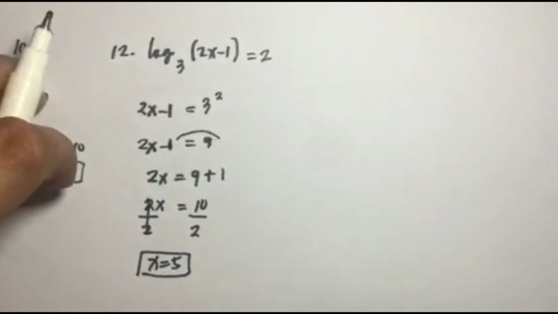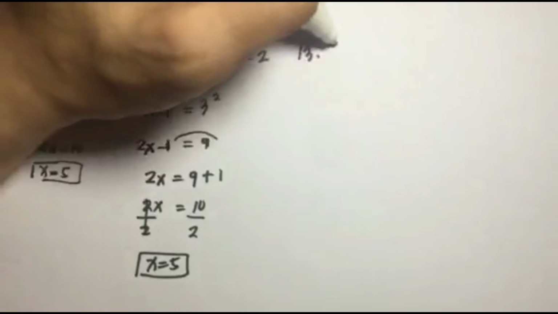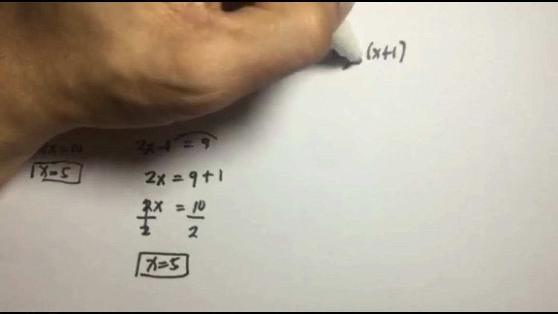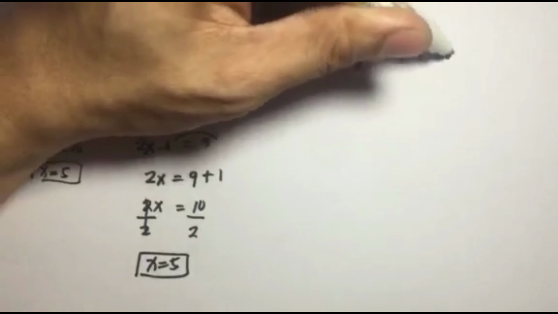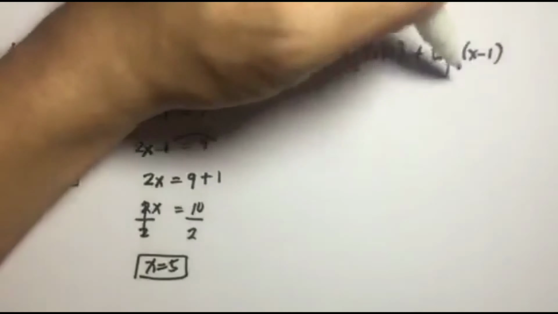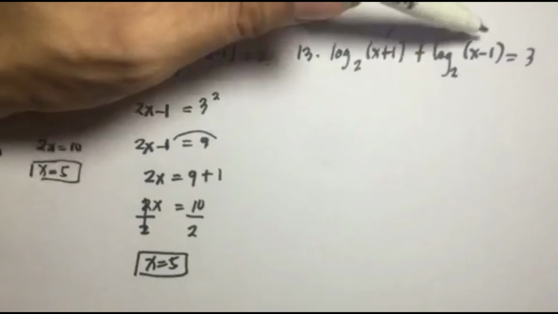Let's go to number 13. In number 13, we have the logarithm of x plus 1 to the base of 2 plus the logarithm of x minus 1 to the base of 2 equals 3. So, in here, since separated by addition and same bases naman, pwede na natin gawing product nitong dalawa, no?